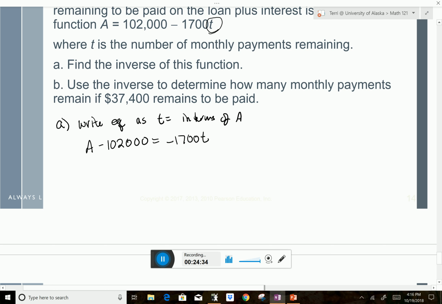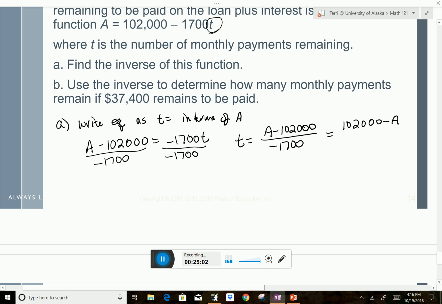All I did was subtract 102,000 from both sides. Now I'm going to divide by negative 1,700, and I get t equals A minus 102,000 divided by negative 1,700. If you don't like that negative, you can multiply the top and the bottom by negative 1. That switches around the subtraction on the top and makes the bottom positive, so that's a little cleaner.